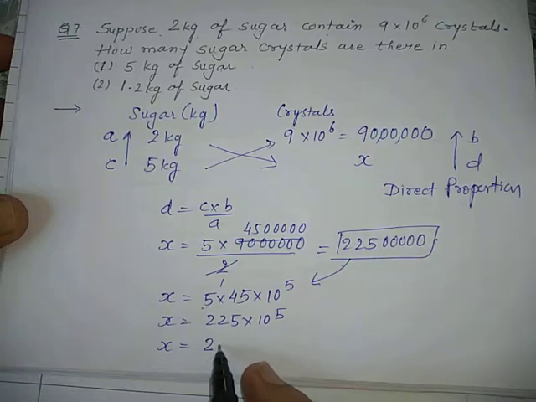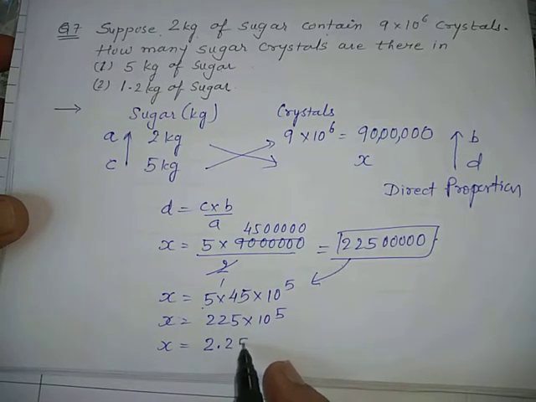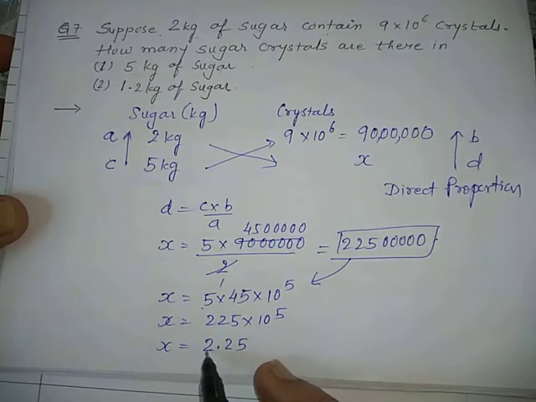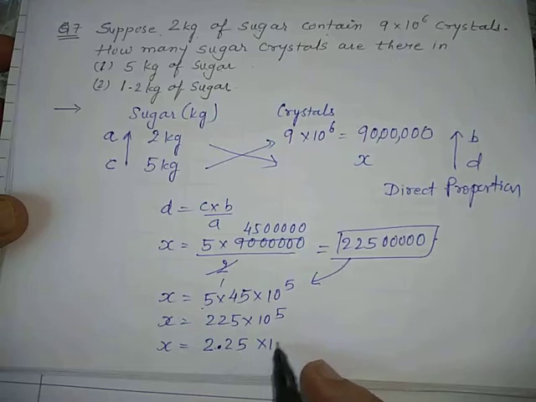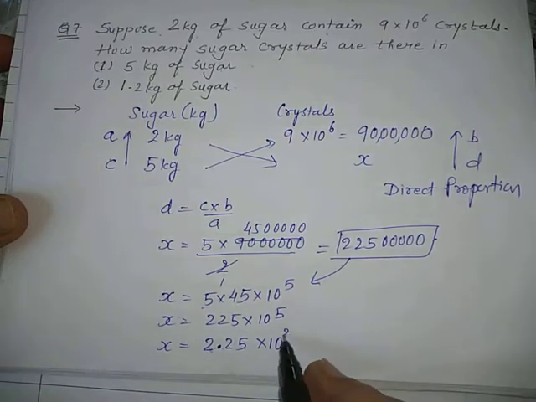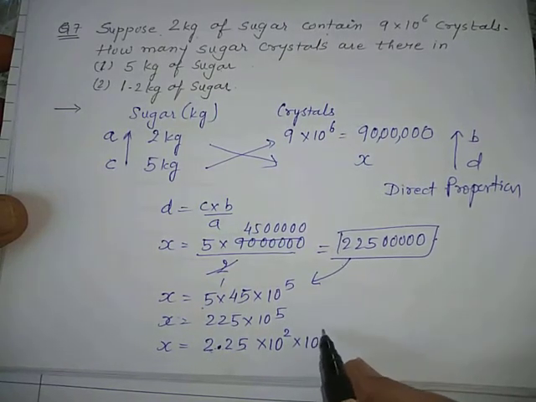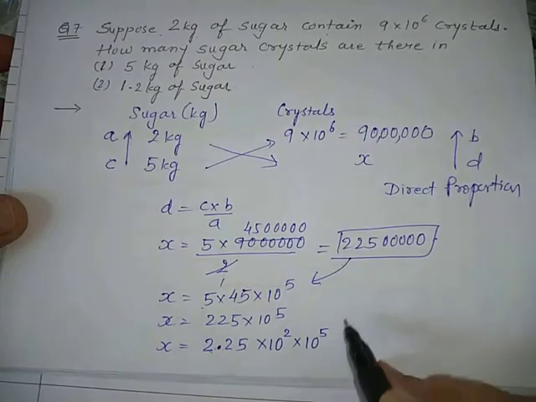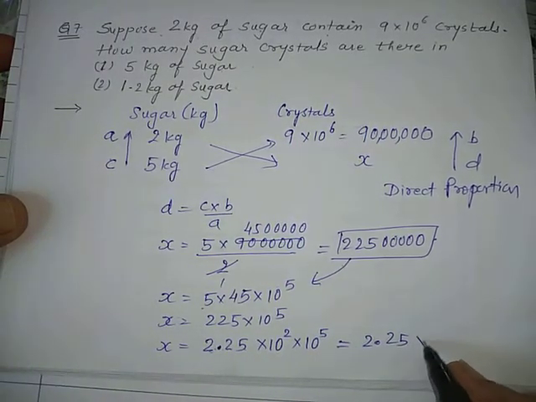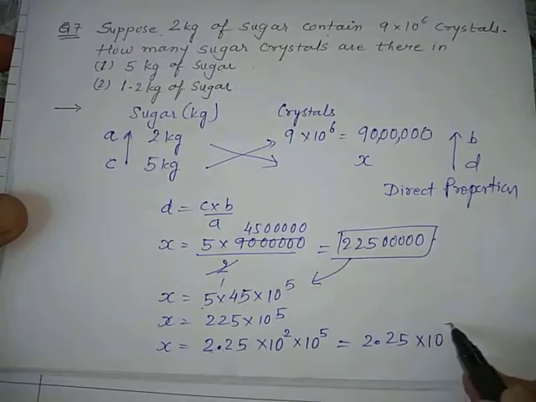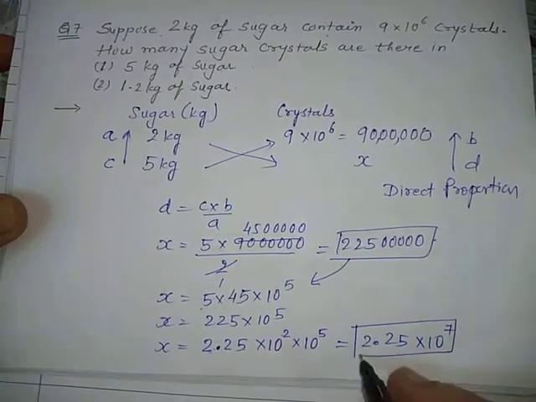So we want to put it in power form, so the number should be not less than 1 and not more than 10. So we place the decimal point after 2, so 10 power 2, and 5 power already given of 10. So we get the answer 2.25 into 10 raised to 2 plus 5, it will be 7 power.